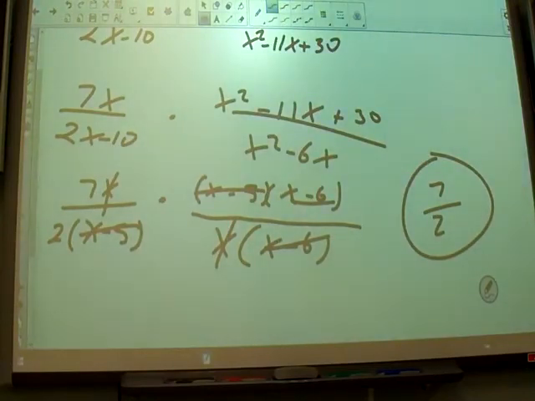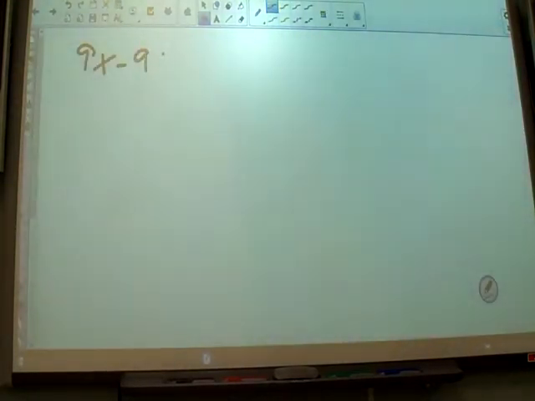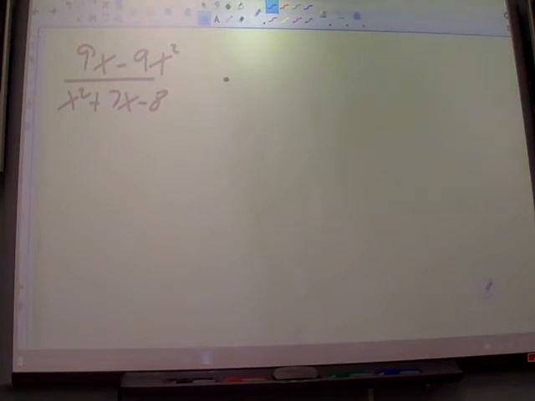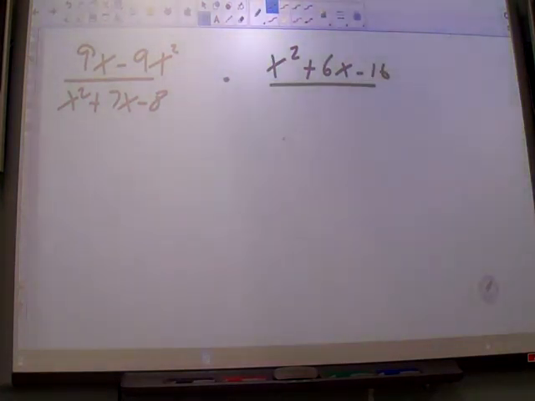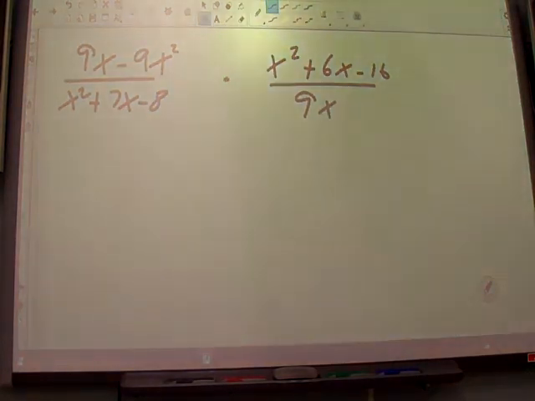Alright, I'm going to write it for you and you're going to try this one in your notes. 9x minus 9x squared over x squared plus 7x minus 8 times x squared plus 6x minus 16 over 9x. Alright, see if you can simplify that.